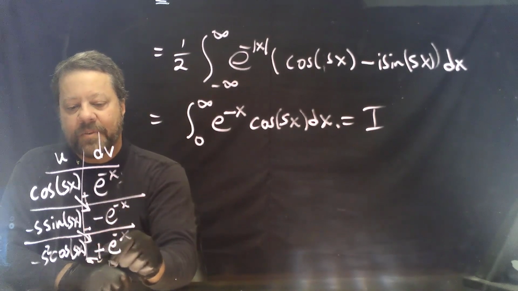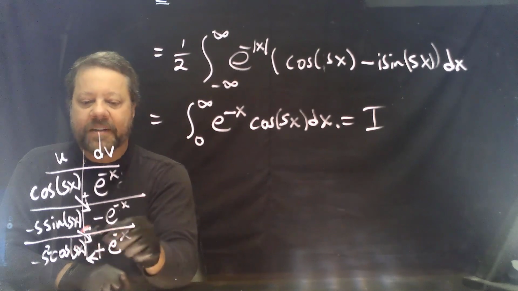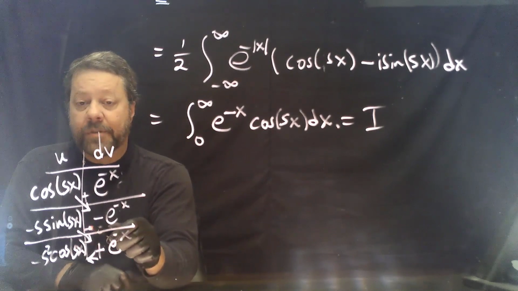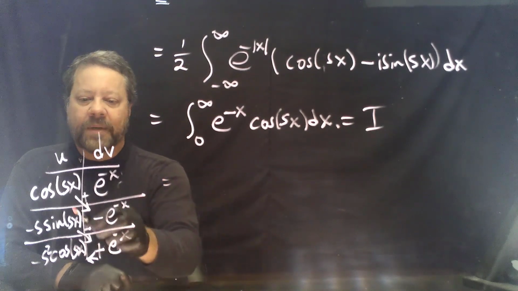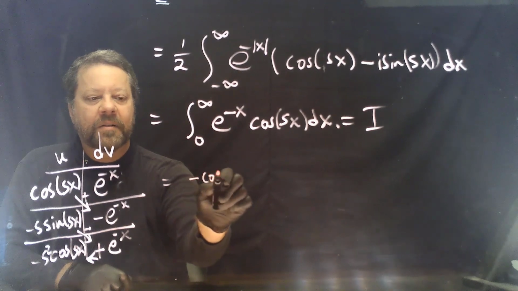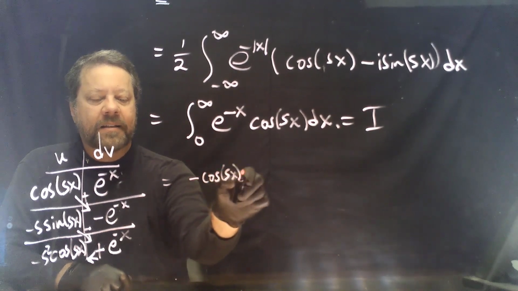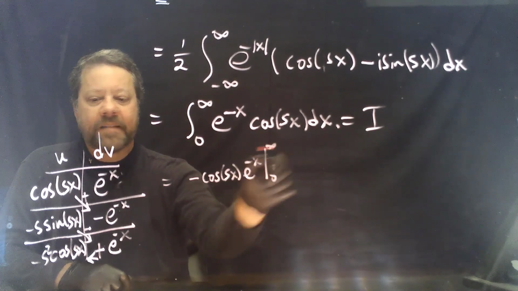Since we don't terminate in 0, we subtract the integral and affix the sign from above, which in this case is a minus. And so we'll have the following. This product, minus cosine sx e to the minus x, from 0 to infinity.